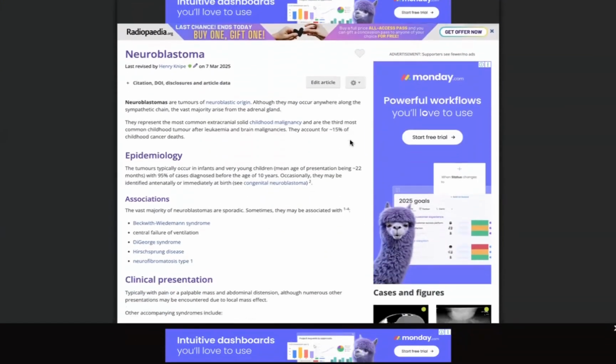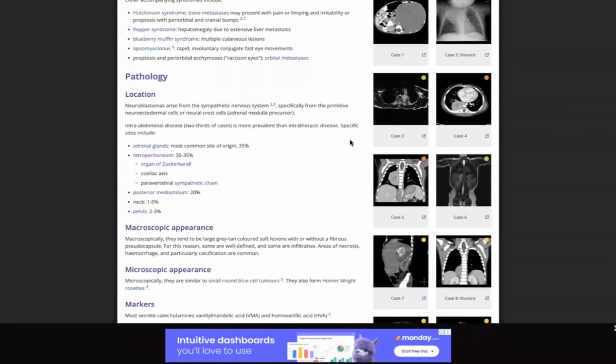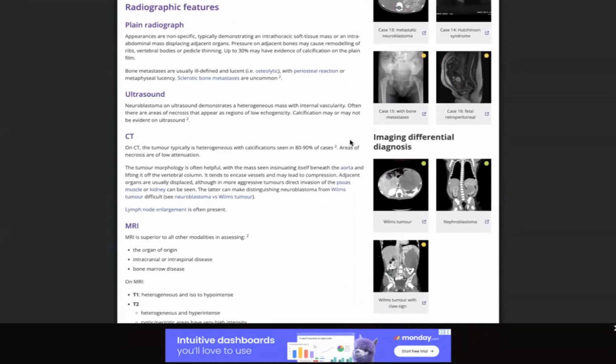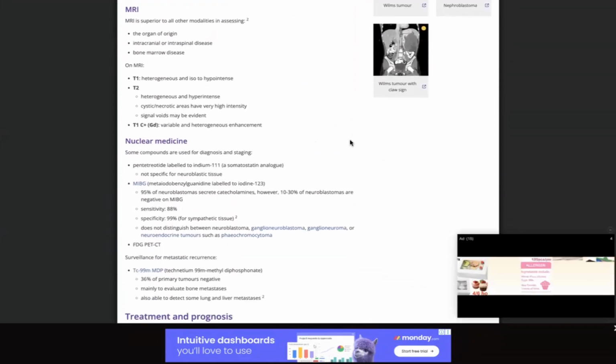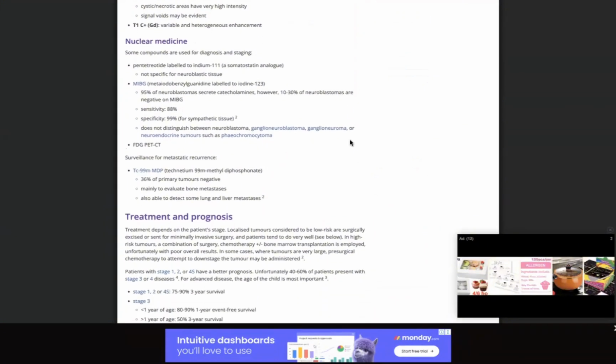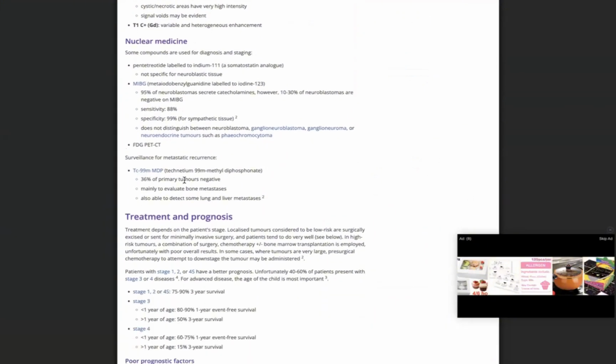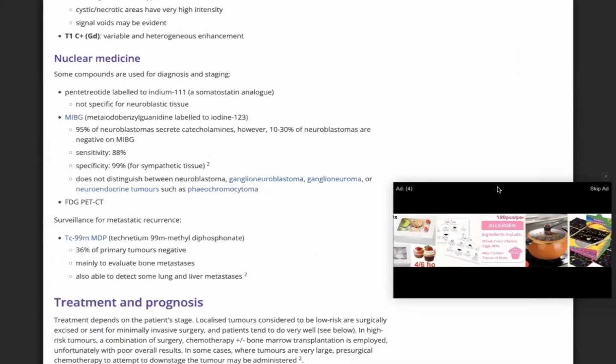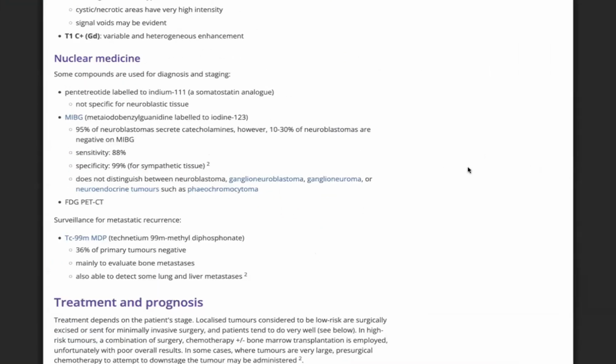I'm showing you the textbook because this is very critical for all of you, so the information is 100% clear and concise. This is neuroblastoma. About 40% didn't uptake this MIBG. See what will happen?